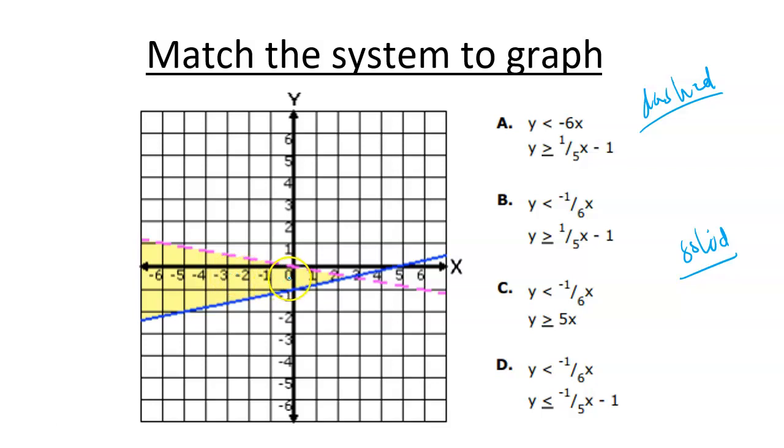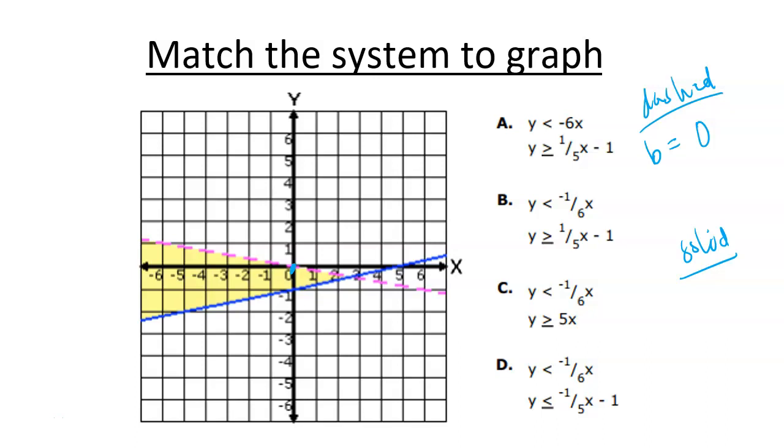If I look at the y-intercept of the dashed line, which is going to be either less than or greater than, my y-intercept is right here at 0. So b equals 0. I can also look at how it's shaded.